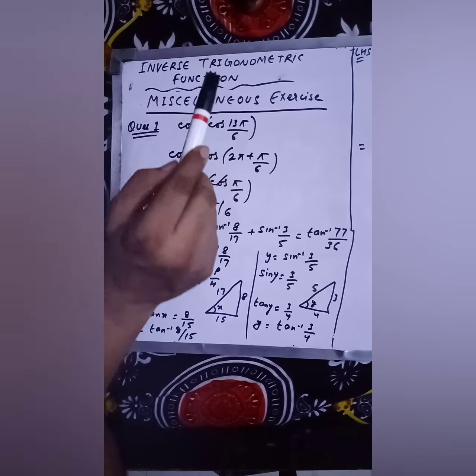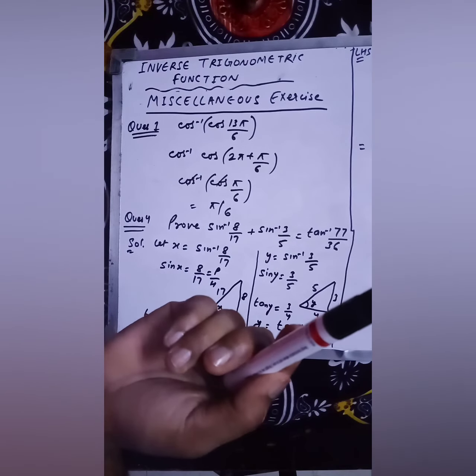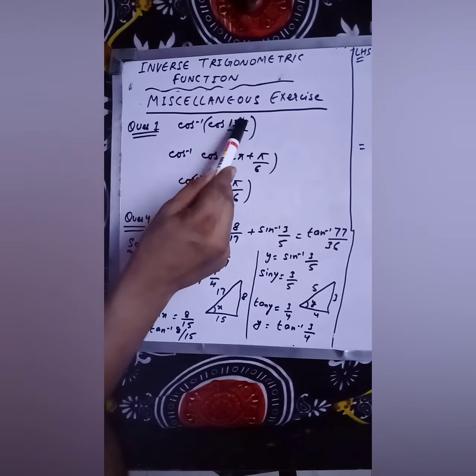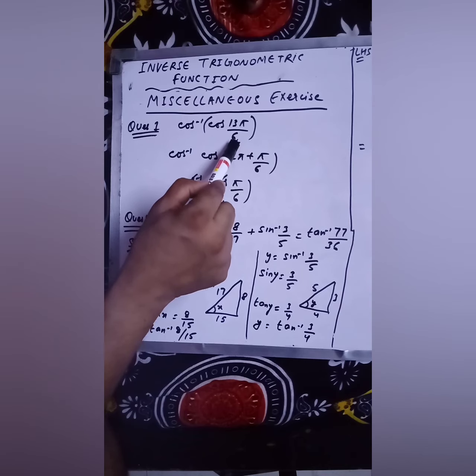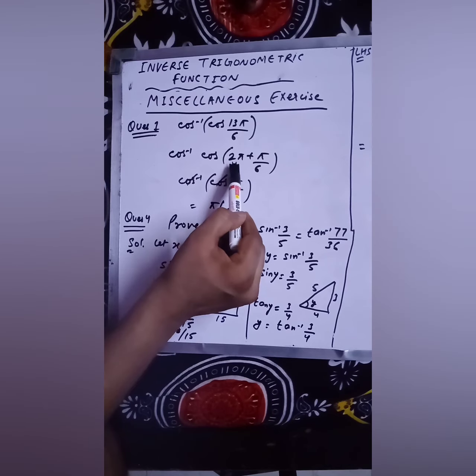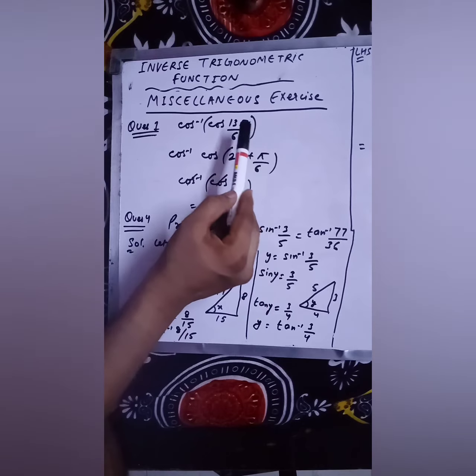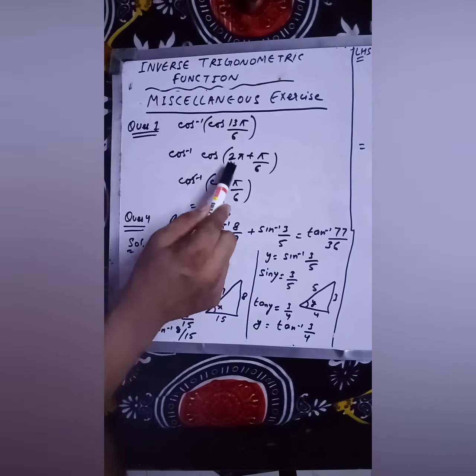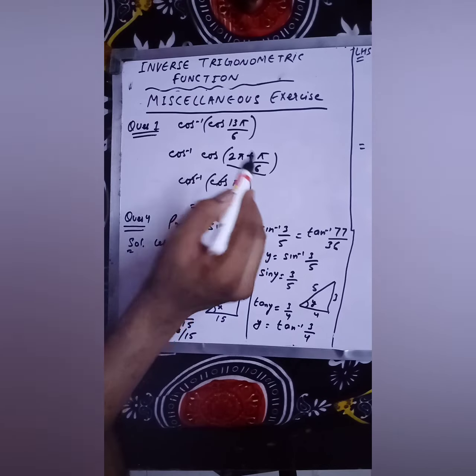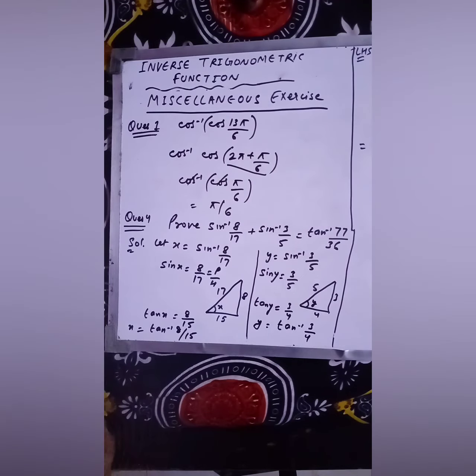This value is more than 180, so it is not in the range. So can I write this 13 pi by 6 in this form: 2 pi plus pi by 6, because when you take the LCM you get the same. So 13 pi by 6 can be written as 2 pi plus pi by 6.